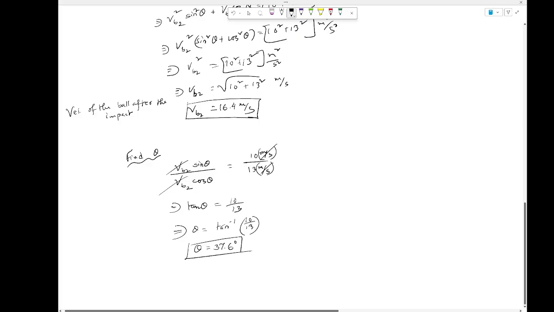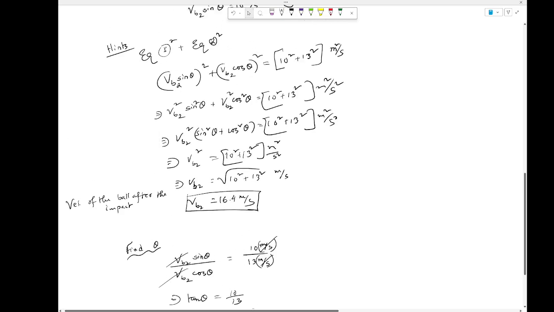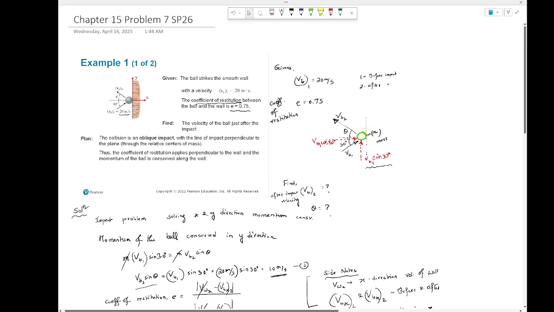To wrap up the whole thing, we had two unknowns after the impact, the velocity and the theta angle. We need two equations because of these two unknowns. One is the coefficient of restitution, the e value given, that would be one equation. The other one is obviously the linear momentum in x direction. I believe we did it in x direction, right?